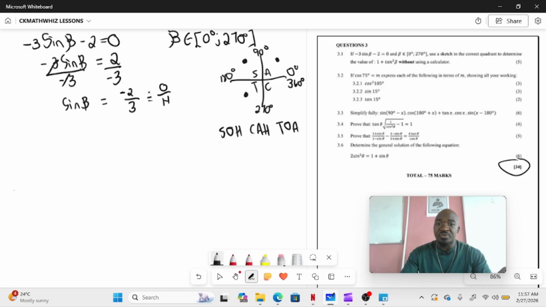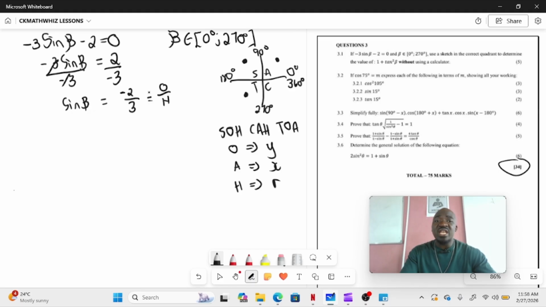And remember, we represent opposite with y, adjacent with x, and hypotenuse with r when we are dealing with the Cartesian plane. If y is the opposite, then y lies on the vertical axis.